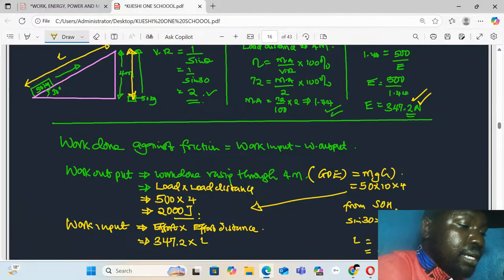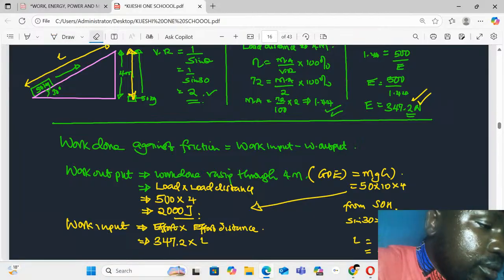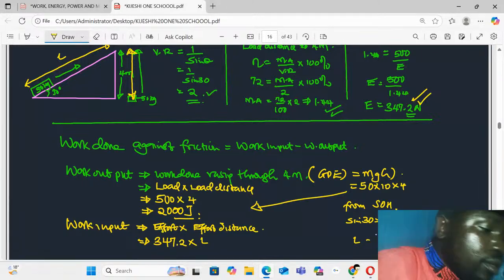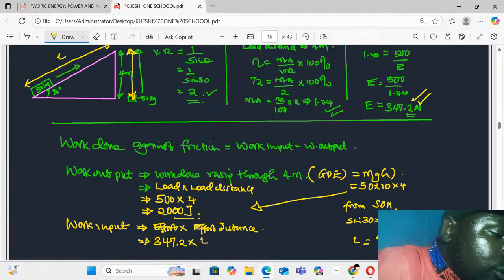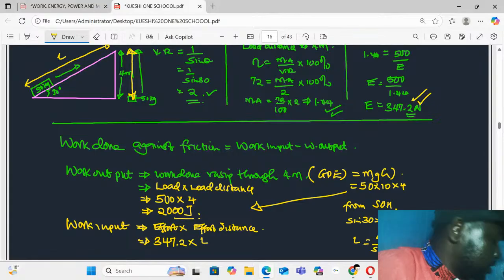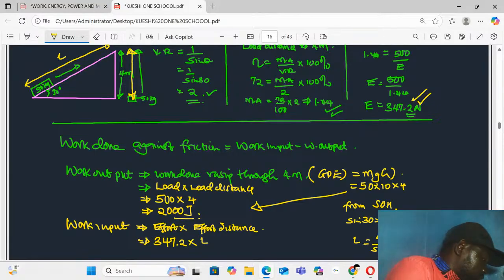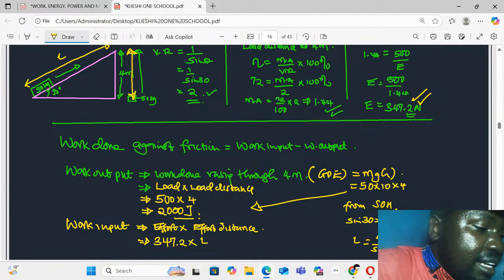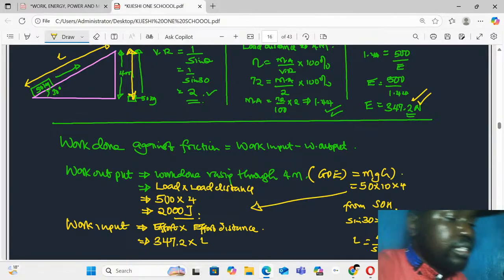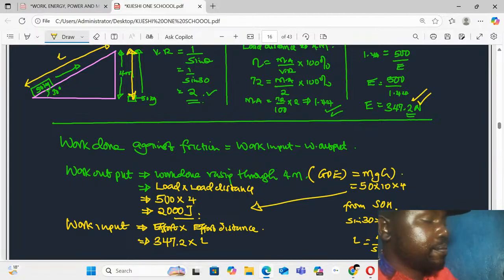Allow me to get back to where I've gone wrong. Making L the subject, the formula is supposed to be 4 divided by sine 30. So it's 4 divided by 0.5, and this becomes 8 meters. Now it is making some sense.